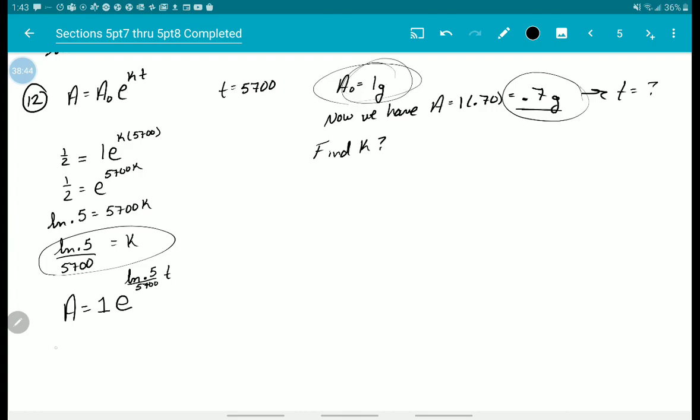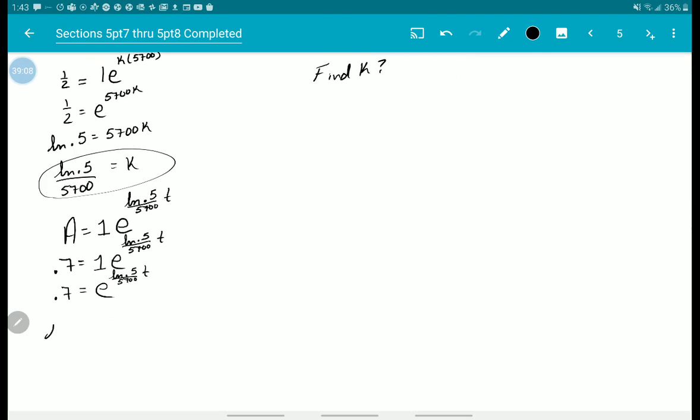So that's going to be a 0.7. Clean it up. 1 times anything is going to be just that anything. Now we can take the ln of both sides.